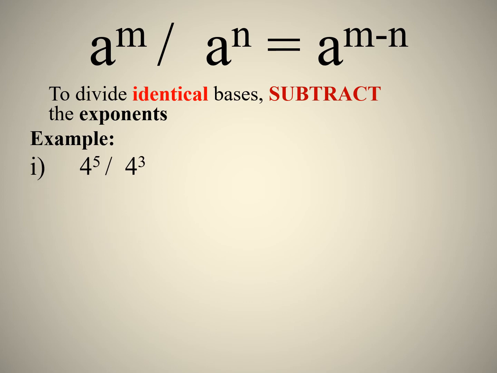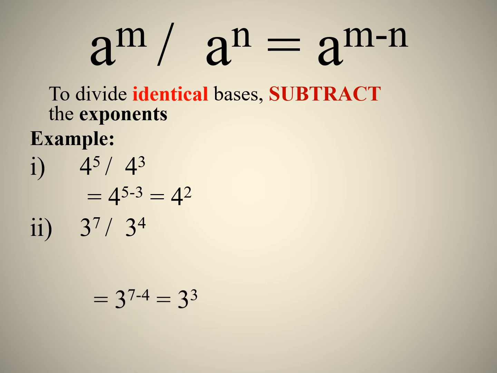4 raised to 5 by 4 raised to 3 is equal to 4 raised to 5 minus 3, 5 minus 3 equal to 2. So, 4 raised to 5 divided by 4 raised to 3 is equal to 4 raised to 2. Next, 3 raised to 7 by 3 raised to 4 is equal to 3 raised to 7 minus 4 is equal to 3 raised to 3.